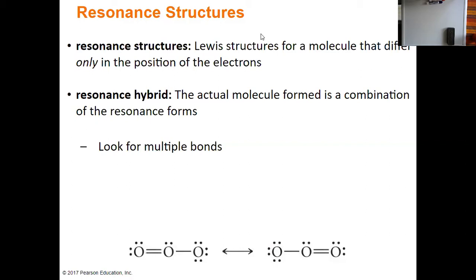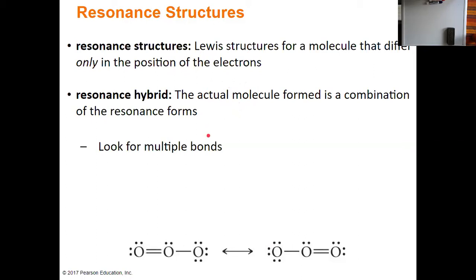And resonance structures are Lewis structures that appear identical except for the position of particular electrons. Okay, and the actual molecule that we're looking at is more like a combination of the various resonance forms that we could write down.